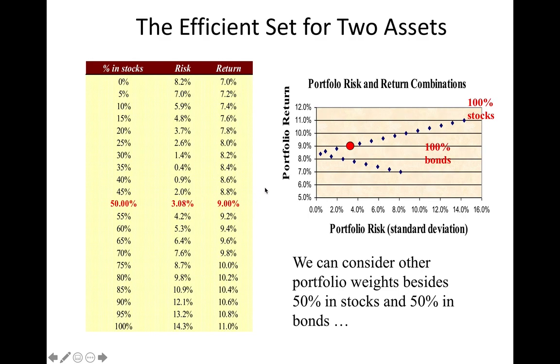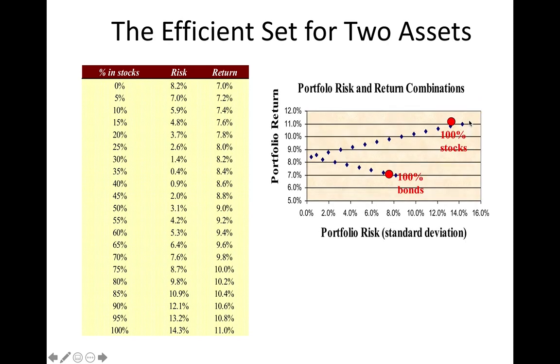So when we plot everything, this is what we're going to get. So we have everything in bonds through to a combination of stocks to the very end. Now, this combination here is what we refer to as the efficient set.